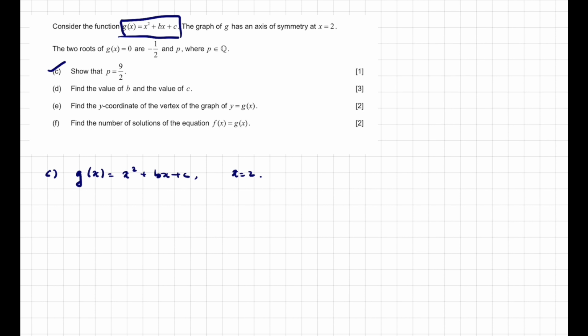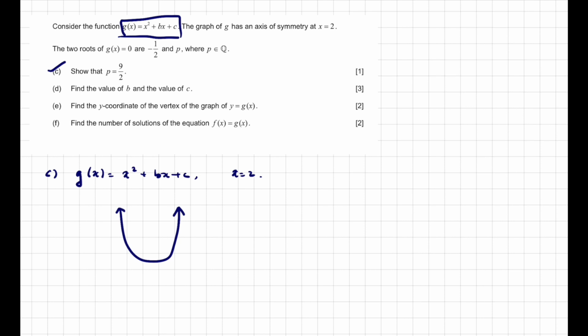The function g of x has the highest term as x squared, right? The coefficient is 1 and its degree is 2. And it has a positive coefficient. So that means the graph opens up, like this. The quadratic graph is a parabola that opens up.